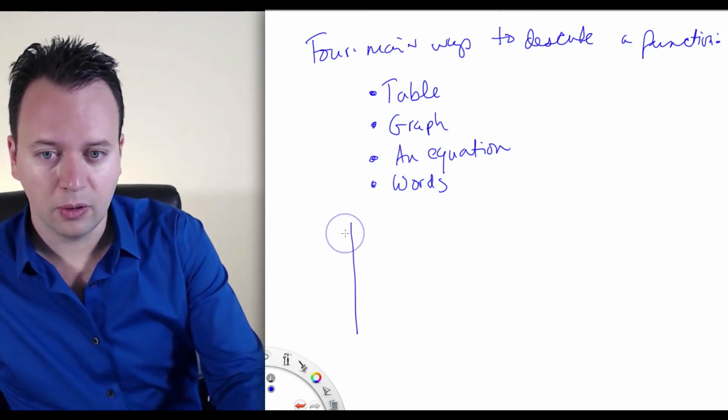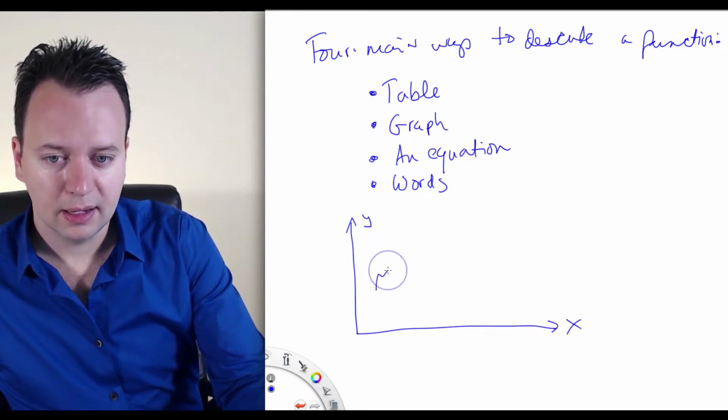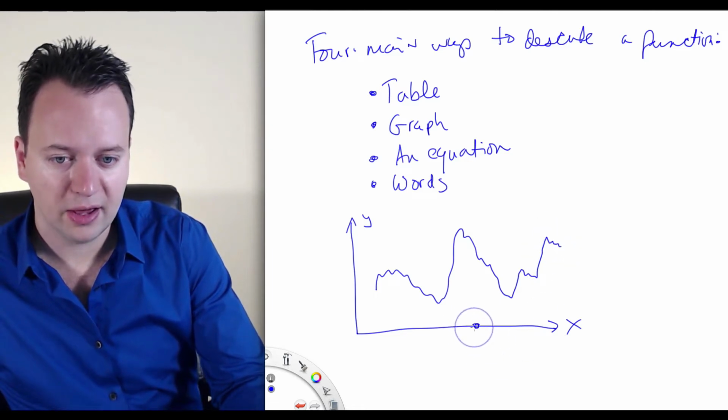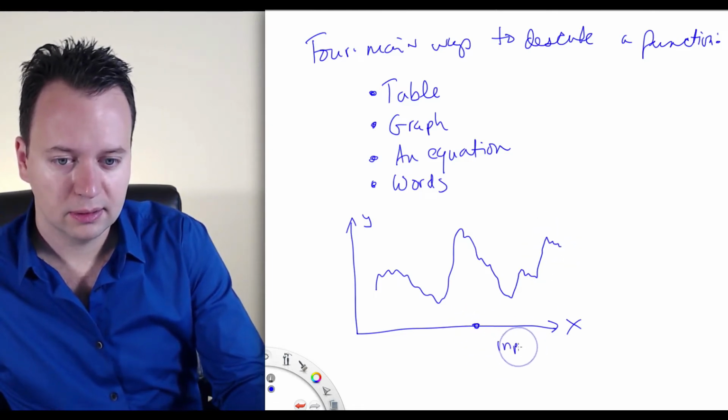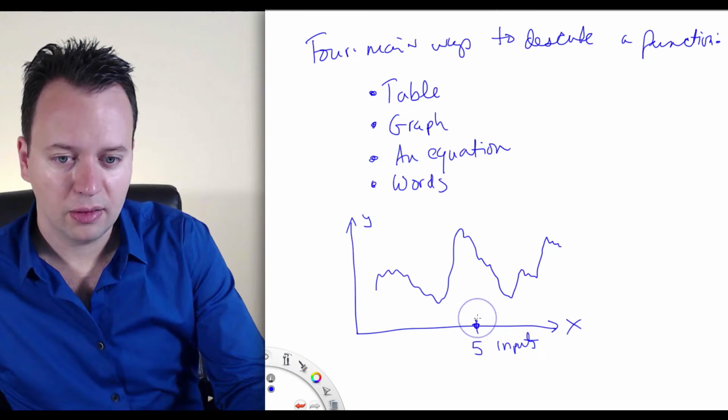So for example, say here's y, and here's x, and I have something like this. The x values would be the inputs. And to find the output, let's say this is 5. To define the output, we just look at the y value.